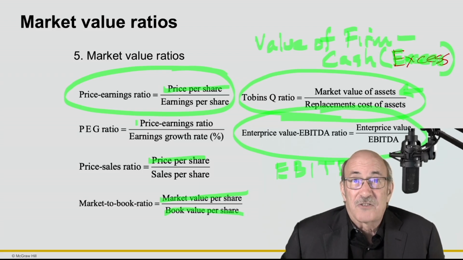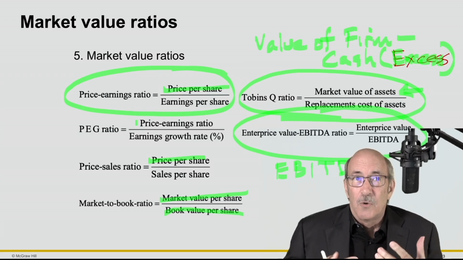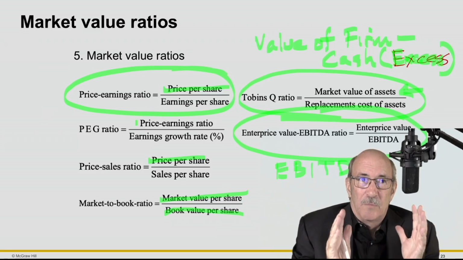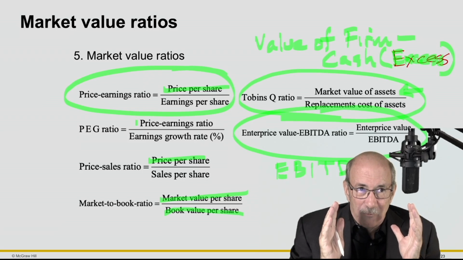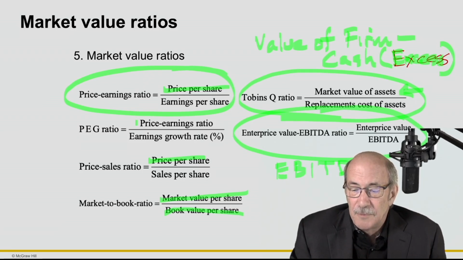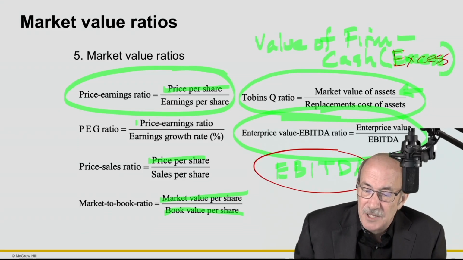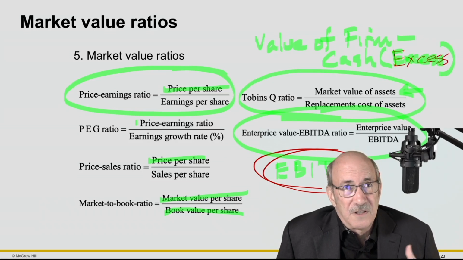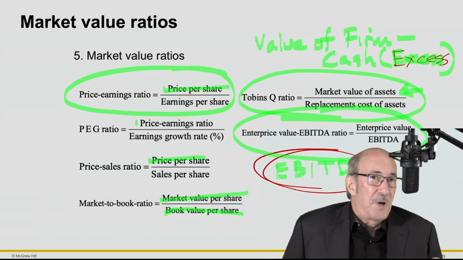However, it's excess. It's extra to the business. So we subtract that off, and then we just have the firm with a sufficient amount of cash to keep it operating. And then this EBITDA piece of it is that cash flow that's available to the bond and the stockholders.